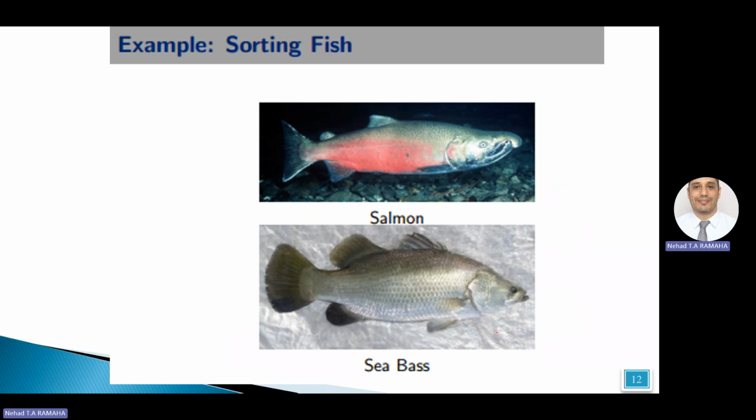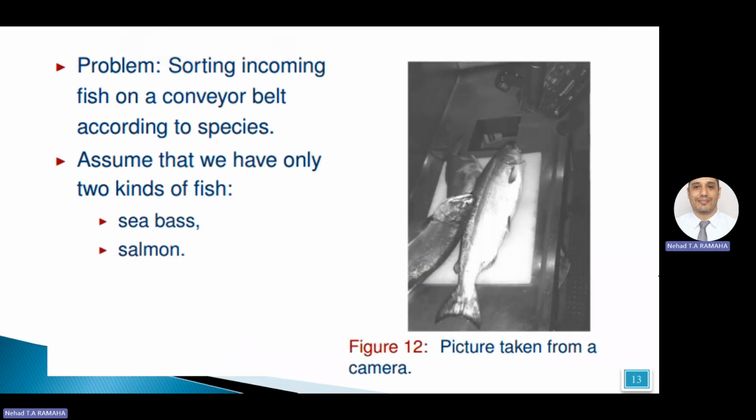So we need to imagine that this factory is working automatically. We bought just the fish and, for example, take it by some belts, and it will pass through a camera.